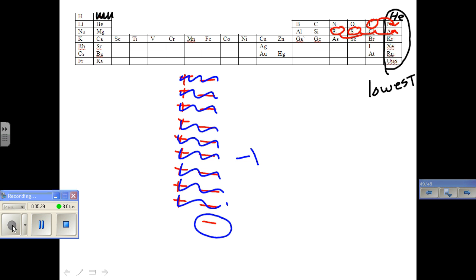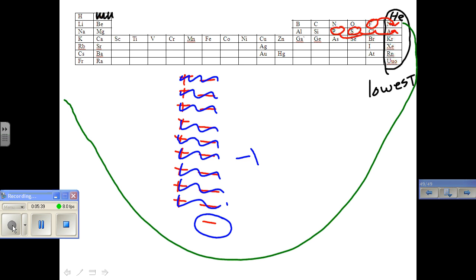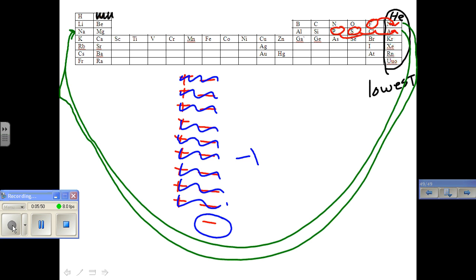Now, one of the things you need to realize about the periodic table is that neon right here actually connects, goes all the way around, and neon connects to sodium. And that's true. Argon comes around and connects to potassium, etc. The left-hand side connects to the right-hand side.